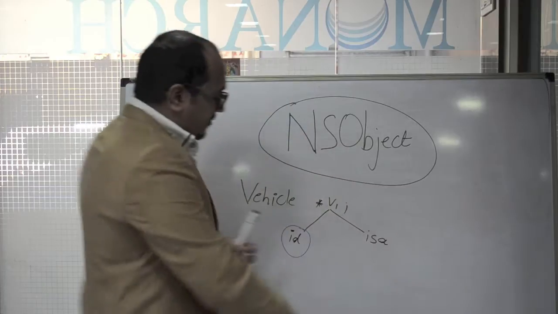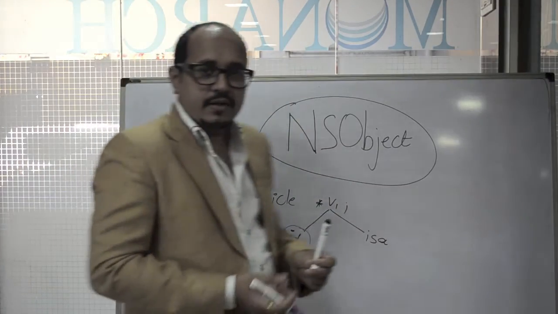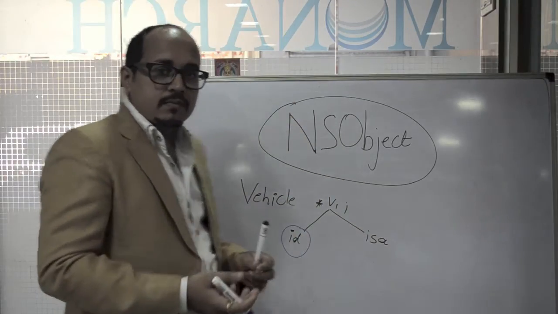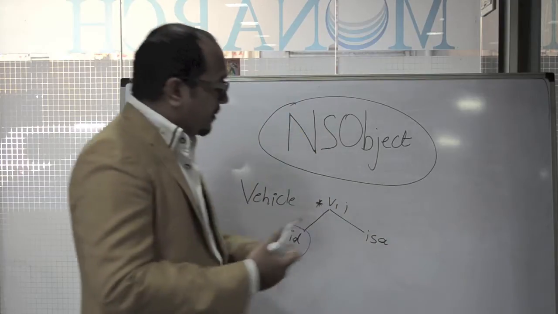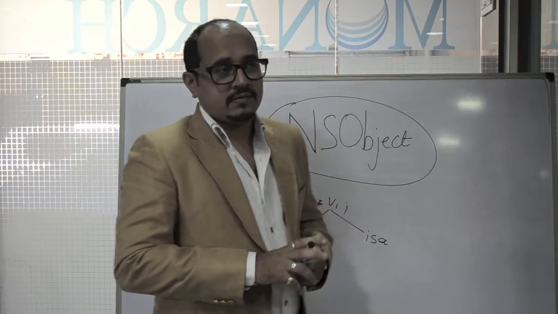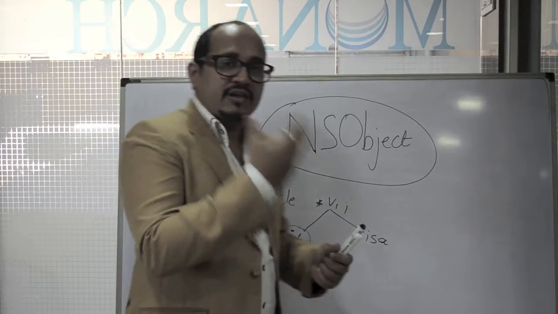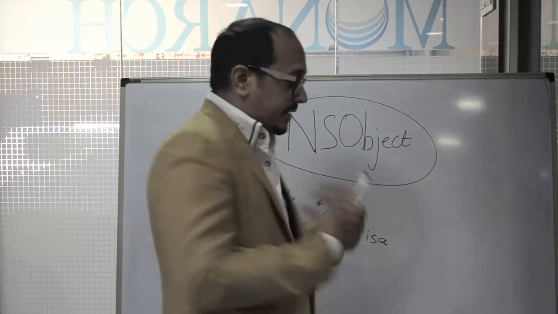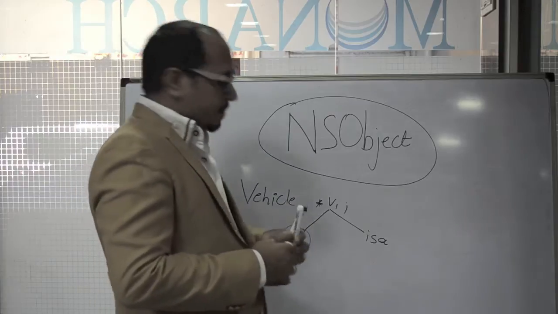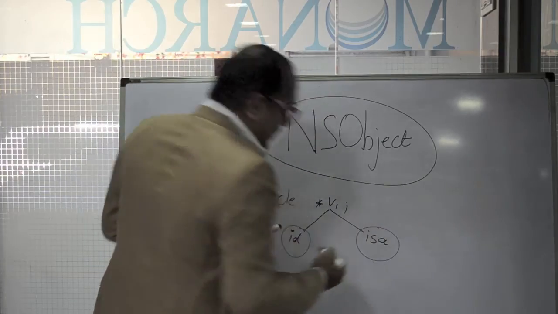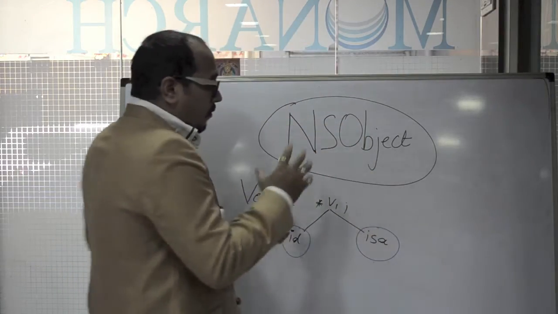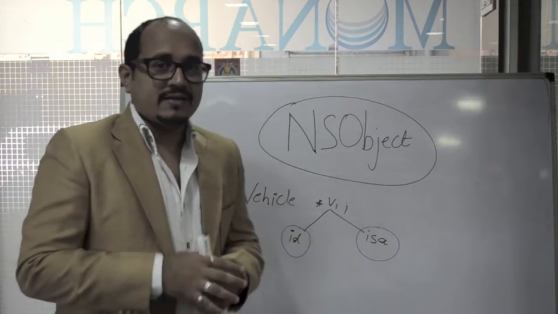Any object has a valid ID, a valid address, which says it is a valid object, but the runtime system needs more information beyond the ID. It needs to know what the hierarchy of this class is, which hierarchy this object belongs to, what functions it can perform, and what its state is. The runtime system needs more information which ID cannot supply, so there is something called the ISA pointer. This pointer contains the entire template of the object: which hierarchy it belongs to, what its states are, and what its methods are.